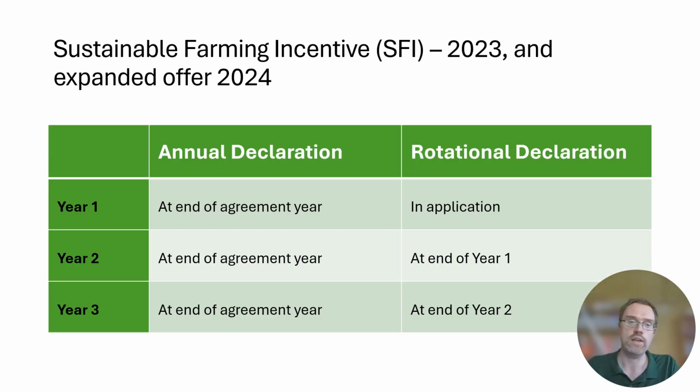So as you will see, the rotational declaration that you make for year 1 is essentially your application. So you need to make sure you get your application right, because that is what you are declaring for year 1. Therefore, at the end of year 1, you will declare what you're going to do in year 2, and so on. And then at the end of the agreement year, you will make an annual declaration, which is where you essentially say what you've done, and if you haven't managed to do anything.